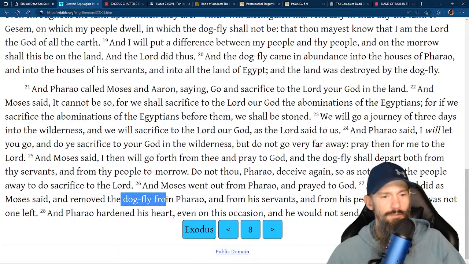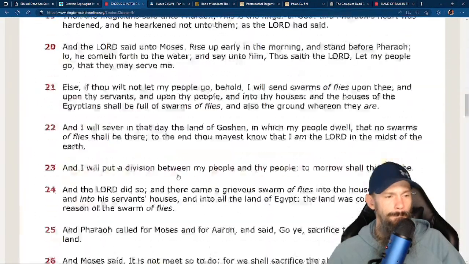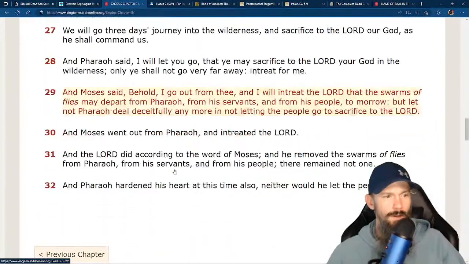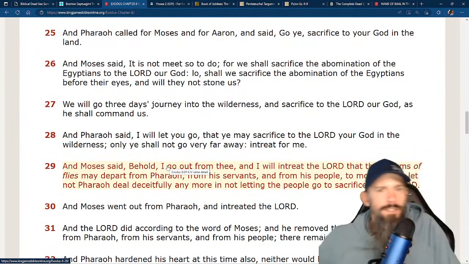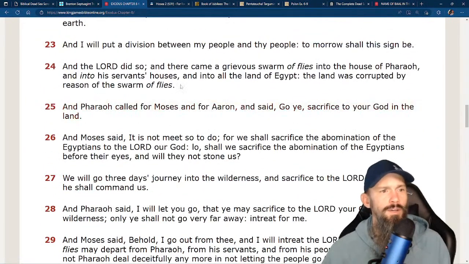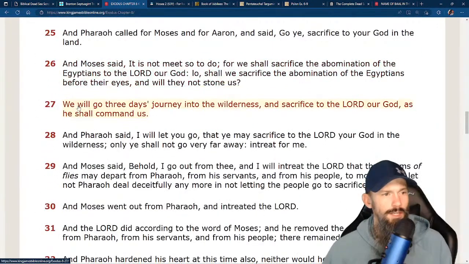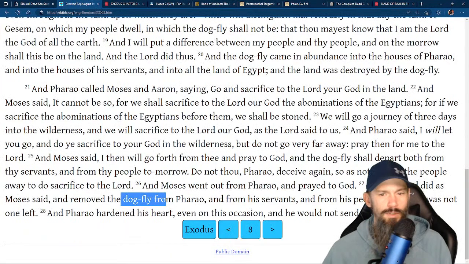Remove the dog fly from Pharaoh. Oh, there's more. Let's see. Go ye. Got swarms of flies. And we will go 3 days' journey into the wilderness and sacrifice to Yahuwah our Elohim. There's a lot more in the KJV.